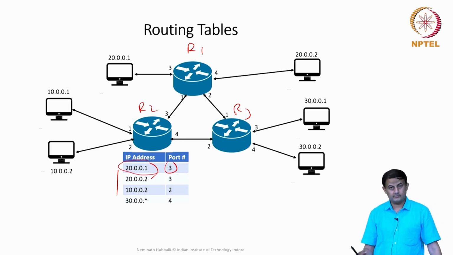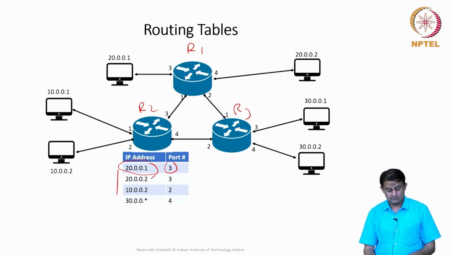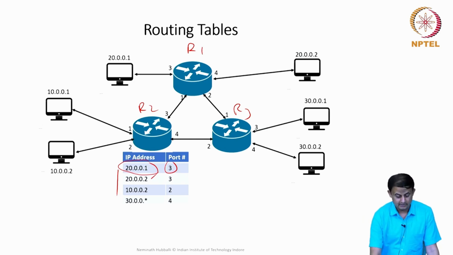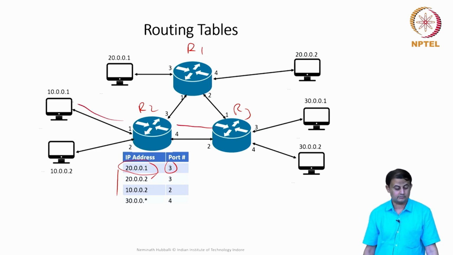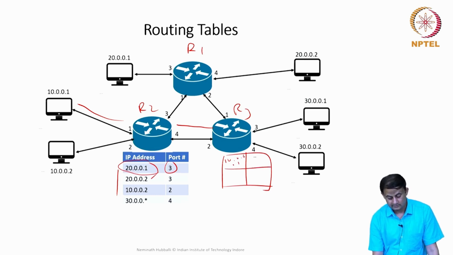Depending upon where those destination hosts are connected, the routing table changes. Because now with respect to R3, the node 10.0.0.1 is in a different position. So to reach 10.0.0.1, the routing table of R3 would have an entry something like this: if you receive a packet for 10.0.0.1, you need to send it to port number 2.